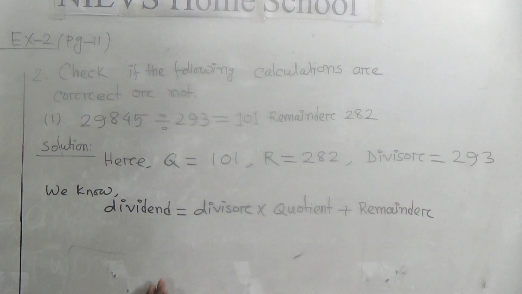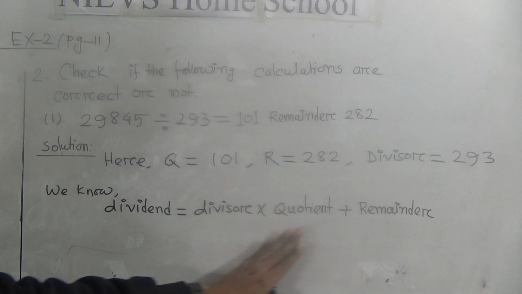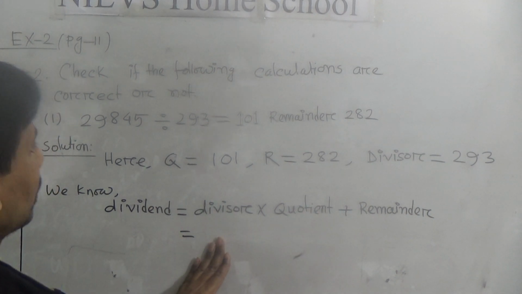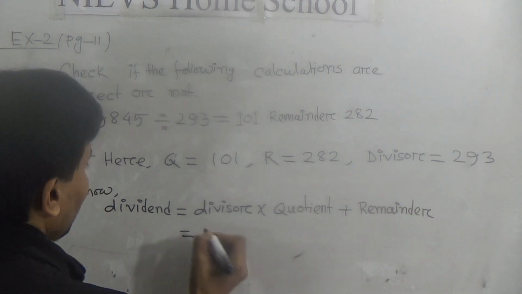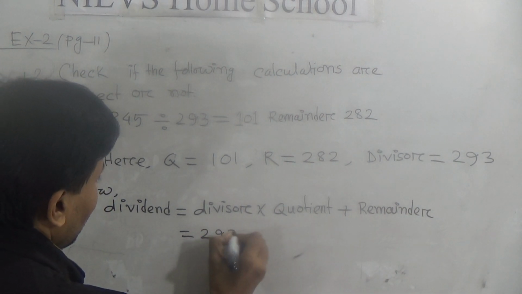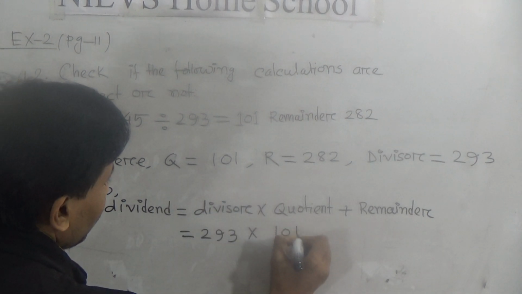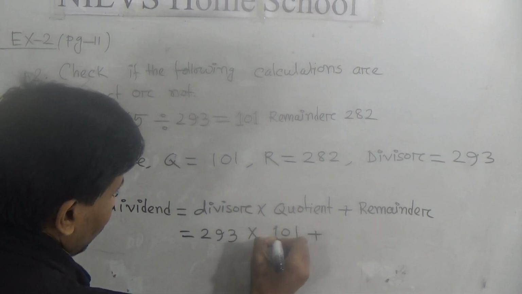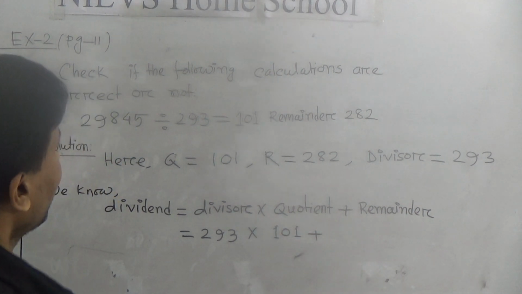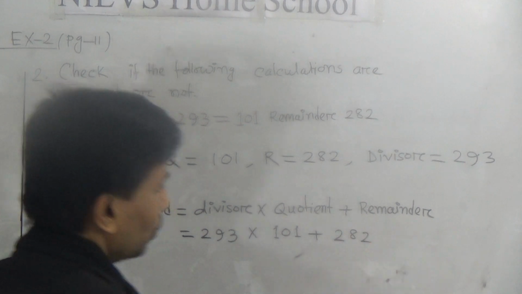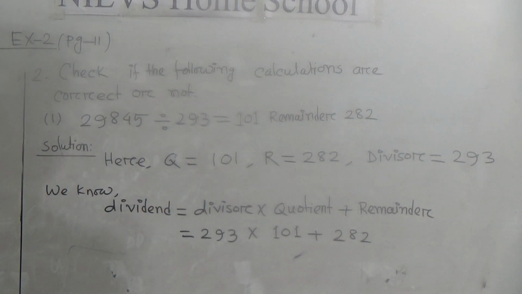We know this formula: dividend equals divisor times quotient plus remainder. Now, divisor equal to what? 293. Quotient 101. And remainder 282. Okay? Now, you have to multiply 293 by 101.